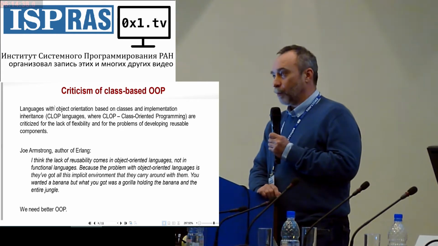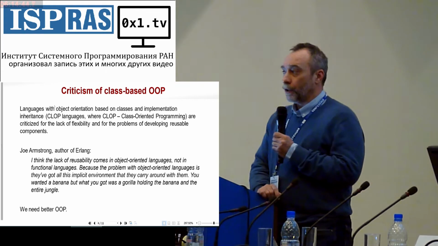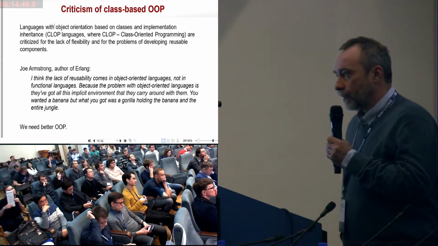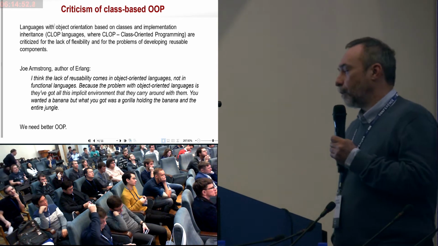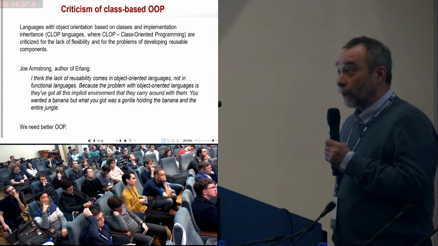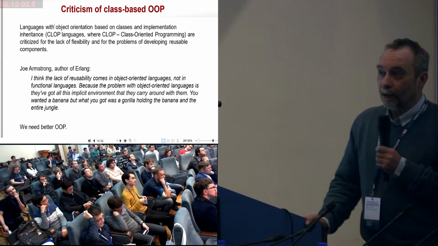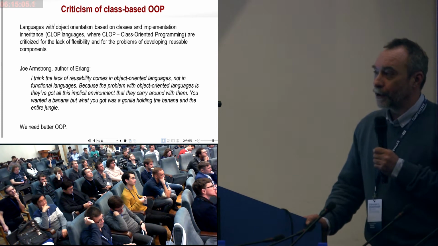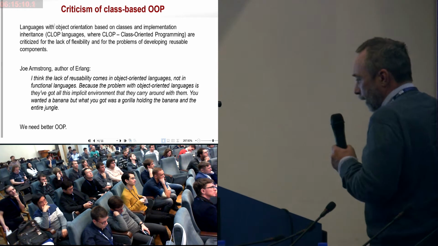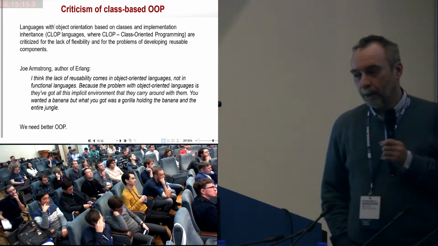OOP is not a simple thing. Another point is that there is a lavish amount of criticism about OOP, about classical object-oriented programming, so what's available in Java and C++. I will not talk about the criticisms, though it's important, but I will highlight one quotation of Joe Armstrong, author of Erlang.